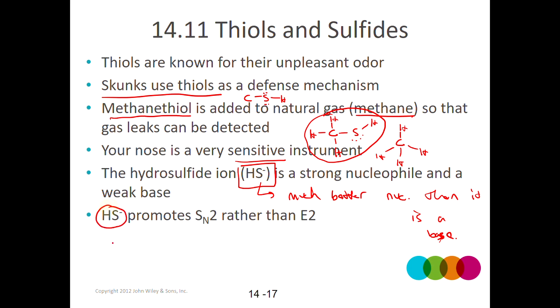As a small, relatively strong nucleophile, we definitely expect it to do substitution rather than elimination. It's not a great base. It is a base, but it's not a very strong base, so we don't expect it to be picking up protons. We expect it to be attacking carbons.